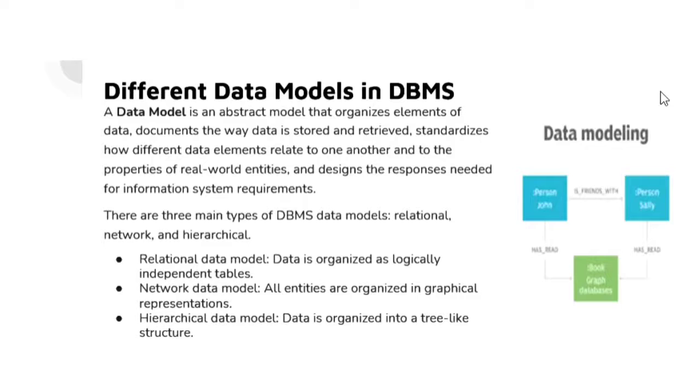There are 3 different types of DBMS data models. The first is the relational data model, in which the data is organized as logically independent tables. Second is the network data model, in which all entities are organized in a graphical representation. And last is the hierarchical data model, in which data is organized into a tree-like structure.